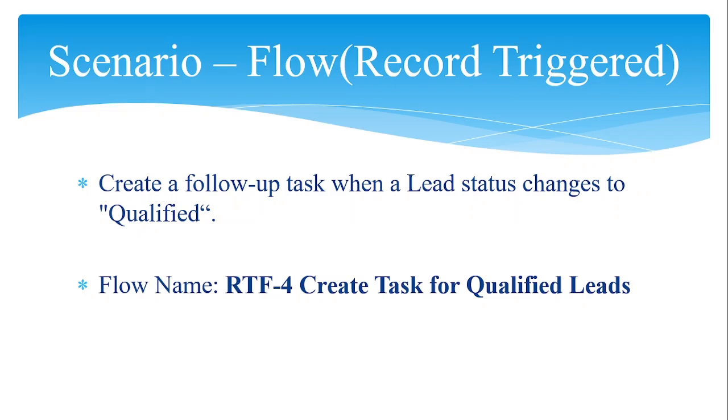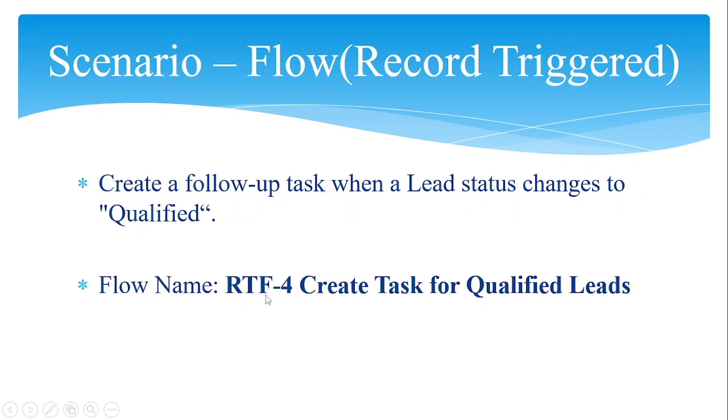So whenever the lead status is changed to qualified, then we have to create a task for that particular lead. So the flow name will be Record Triggered Flow 4, as this is the fourth scenario of record triggered flow.